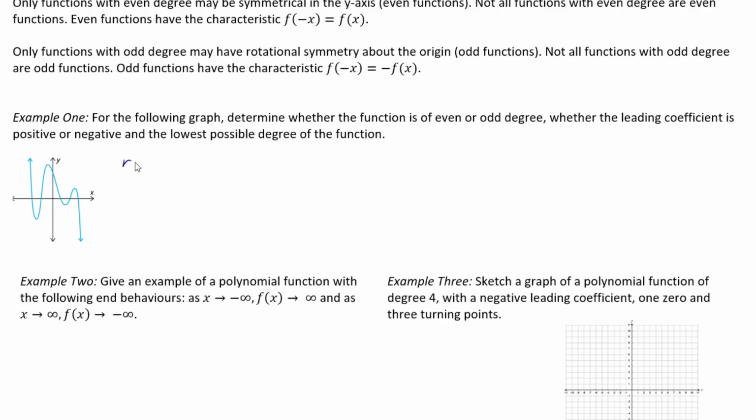So range is y element of all real numbers. And what that tells me, there's no absolute maximum or minimum, that tells me that it's going to be an odd degree polynomial.